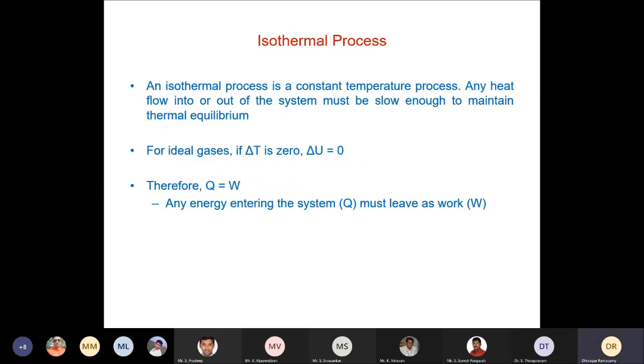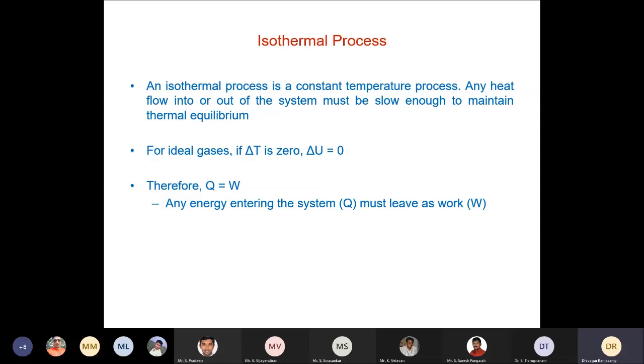Then isothermal process, a constant temperature process. Can we maintain a constant temperature for the entire day or a certain period of time? No, we cannot maintain the system at a constant temperature, but we can assume that if the system is losing energy in a very slow manner, that is known as a constant temperature system.